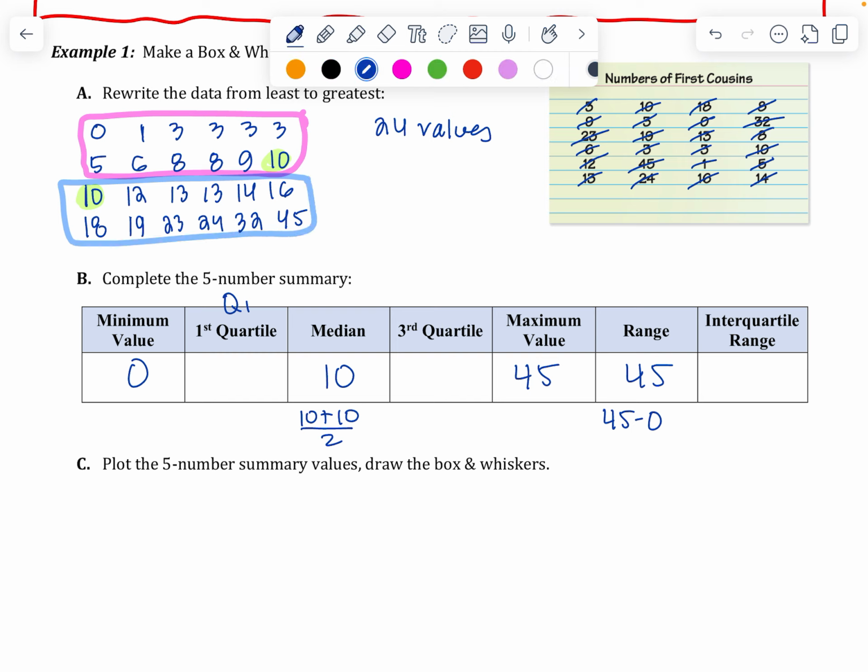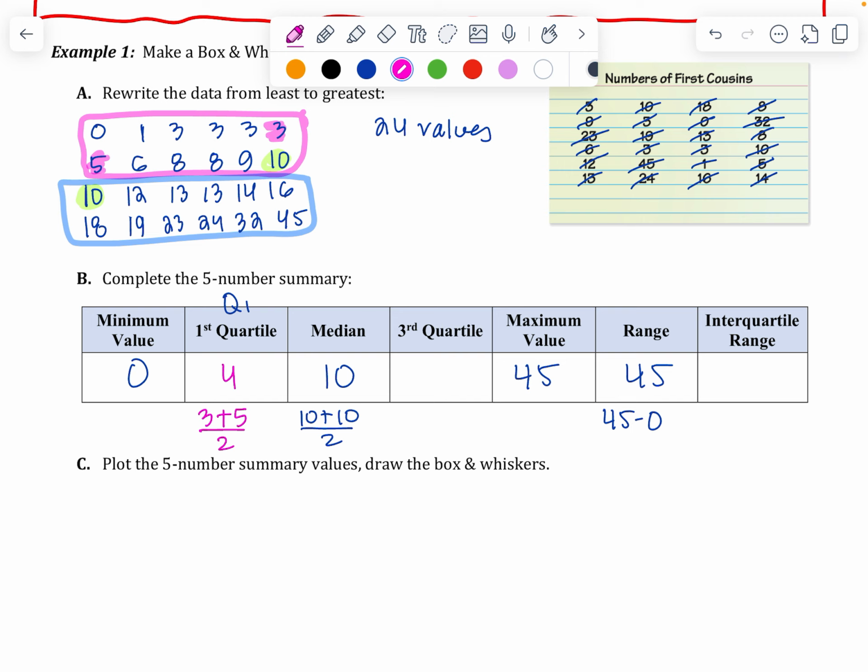Looking at my first half, there's 12 digits, which is another even number. So I'm going to have to take the 6th and 7th digit, and it's an average of those two. So 3 plus 5 divided by 2, 8 divided by 2, which is 4.